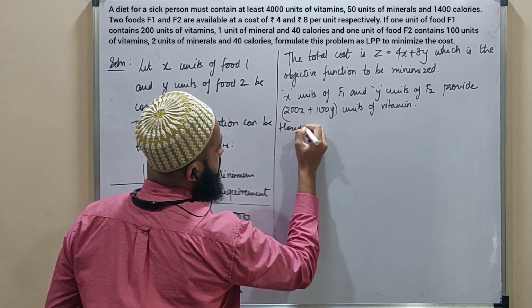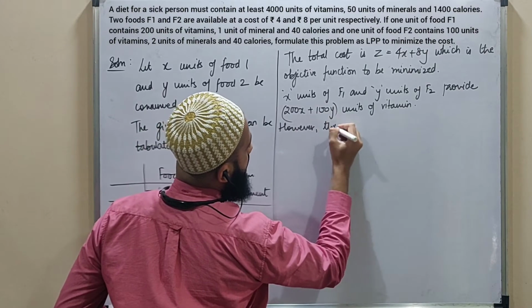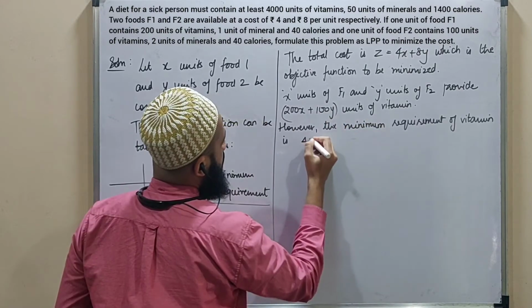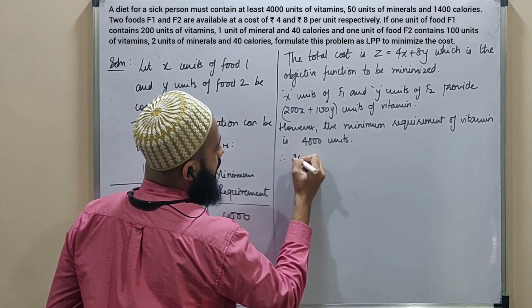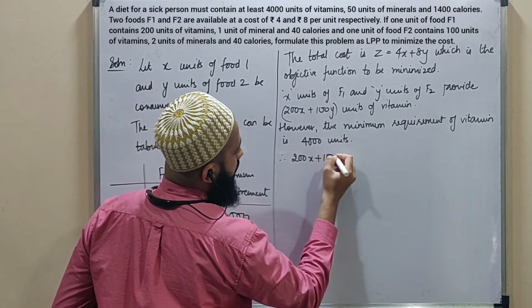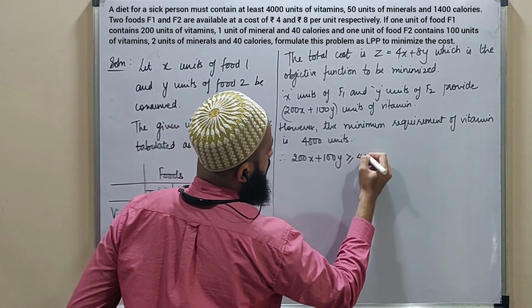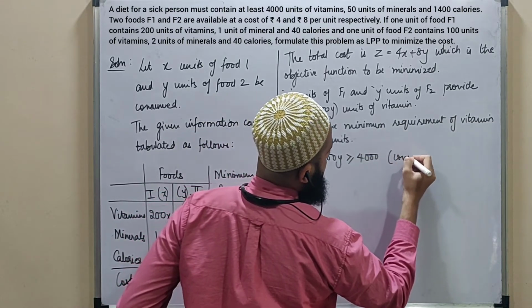However, the minimum requirement of vitamin is 4000 units. Therefore, 200x plus 100y has to be greater than equal to 4000. That's the constraint on vitamins.